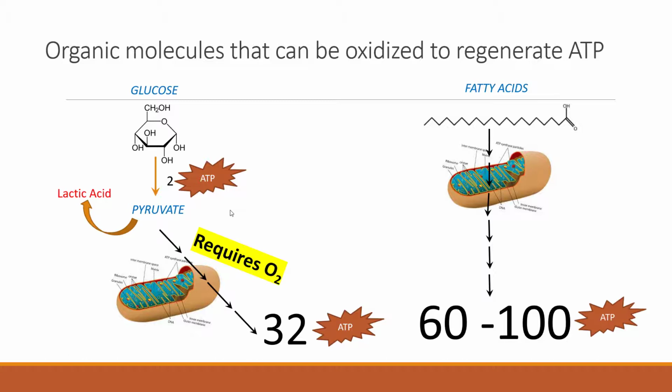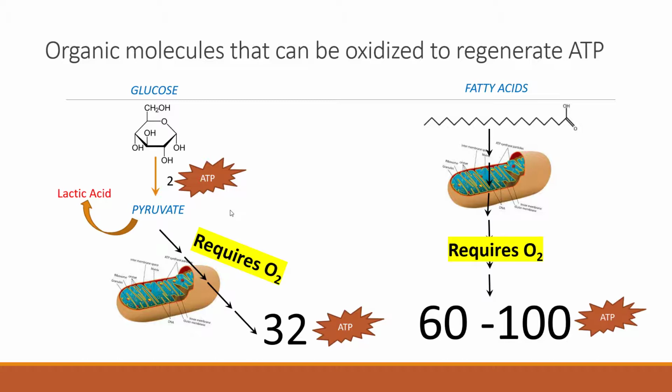And the reason is because fatty acids are almost all nonpolar covalent bonds, and those are the high energy bonds. So when you break down a fatty acid, it makes sense that you would get twice as much ATP or more because it has twice as much energy in it. But it also requires oxygen. There's no anaerobic way to metabolize it, and it's very slow.